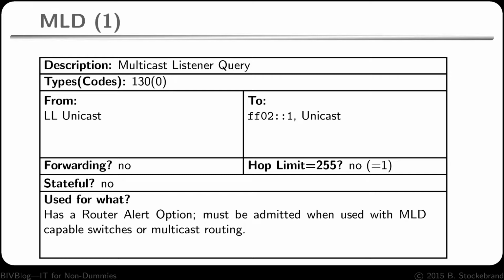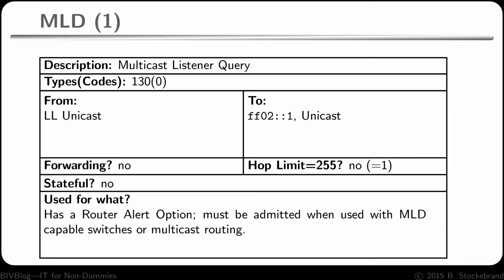They're not forwarded. Unfortunately, they don't use this hop limit 255 trick, because multicast listener discovery is older than the idea to actually do it like that. They are not stateful. Well, you might actually figure out where the state is, but I don't think you can do that at line speed in a packet filter.